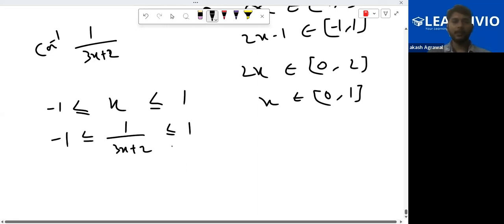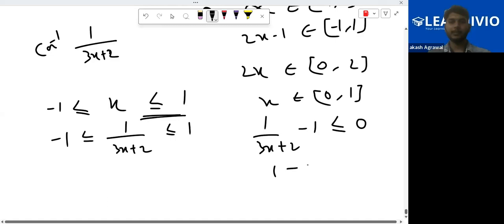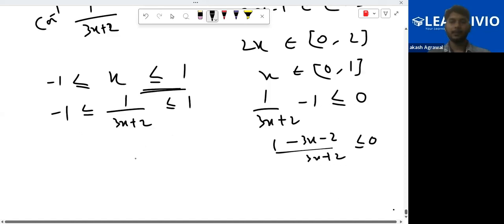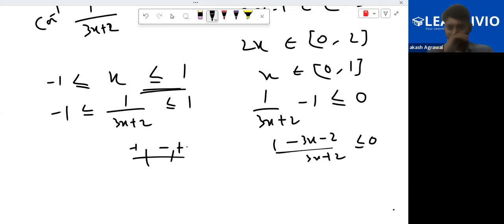Now you know how to solve this inequality. You have to solve these two. 1 upon 3x plus 2 minus 1 less than or equal to 0. Now you have to factorize: 1 minus 3x minus 2 upon 3x plus 2 less than or equal to 0, and so on. Then you have to put the number line. Remember, plus, minus, plus, and everything. Just ask the team to get the lectures of inequalities of class 11.